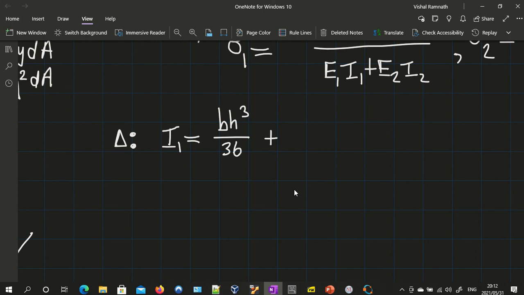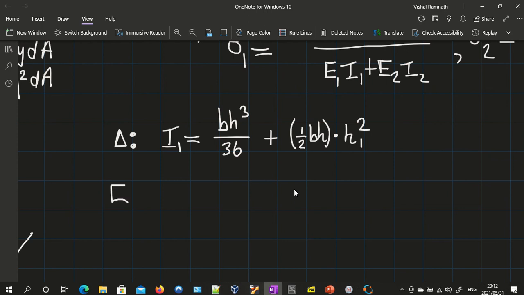We can apply the parallel axis theorem, and then we add the area times the distance squared, and the area of a triangle is a half base times height, multiplied by the distance squared, and the distance squared will be h1 squared.